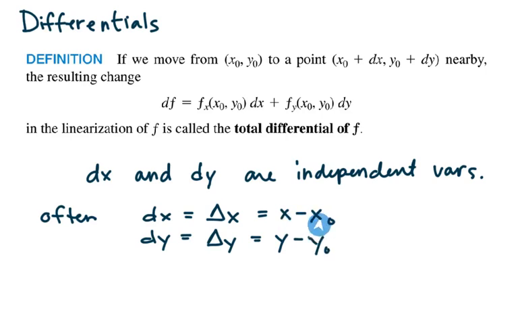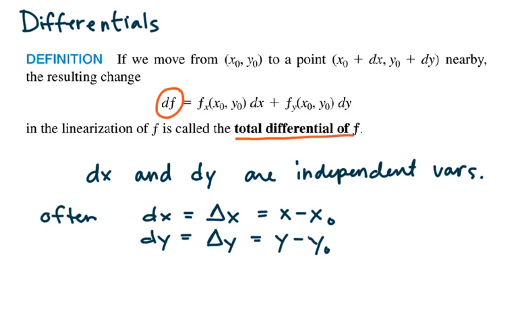So thinking about these, if we move some point x naught, y naught, to a point dx units or dy units away, but is still nearby, the change in the linearization of f is called the total differential of f, and that's what this df is.